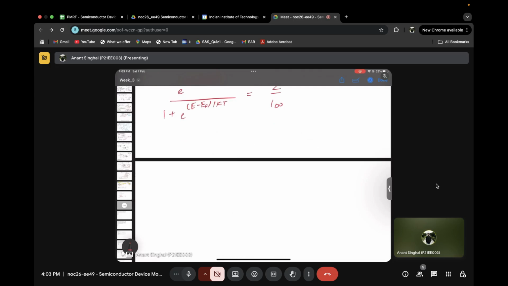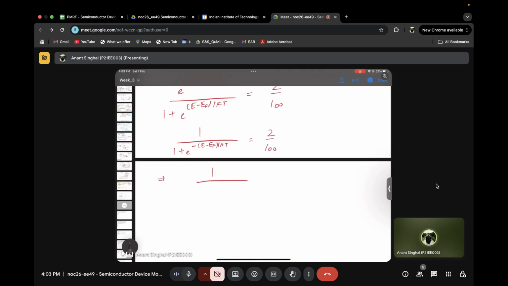If I try to write this, it will come out to be 1 upon 1 plus exponential of minus E minus EF over kT, which is 2 by 100.